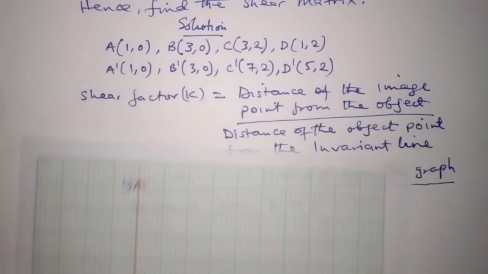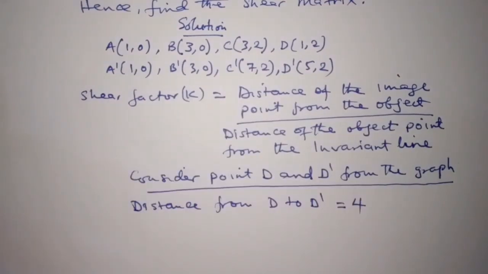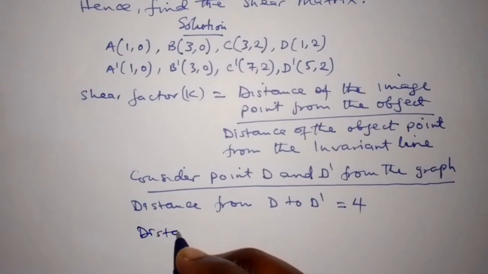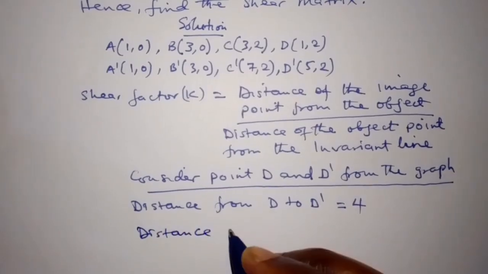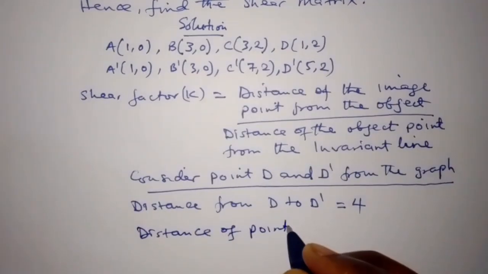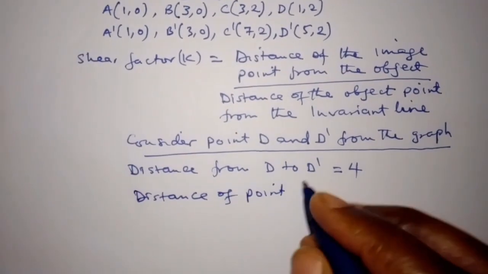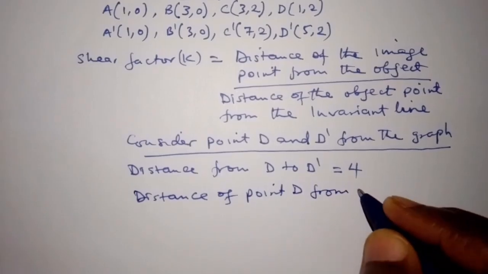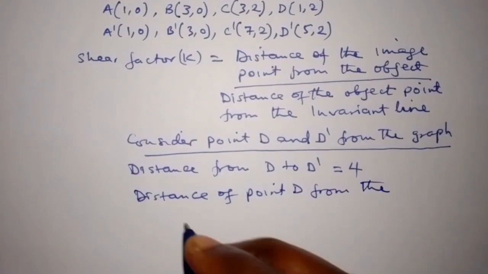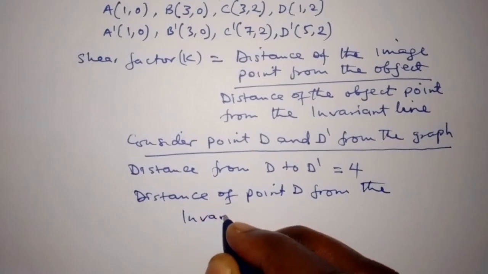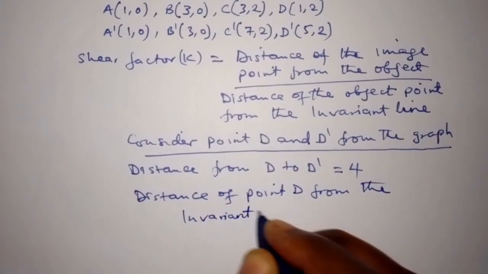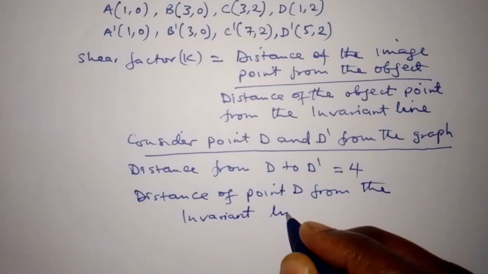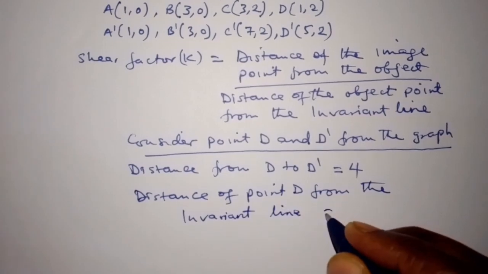We can say that the distance of point D from the invariant line is equal to 2.